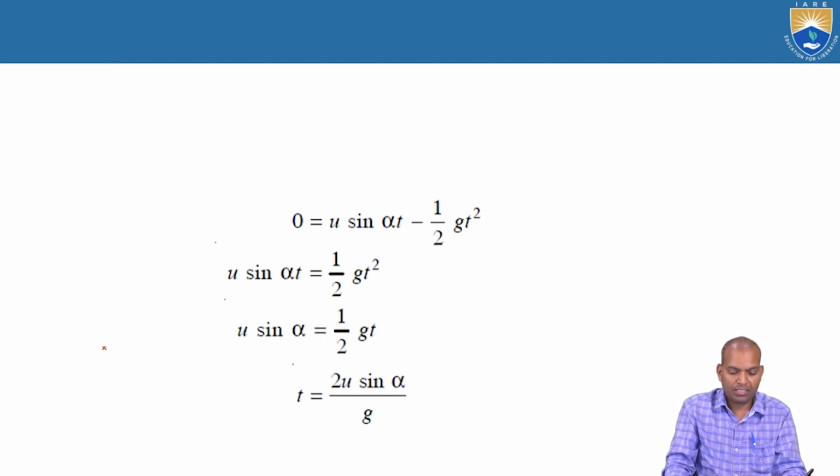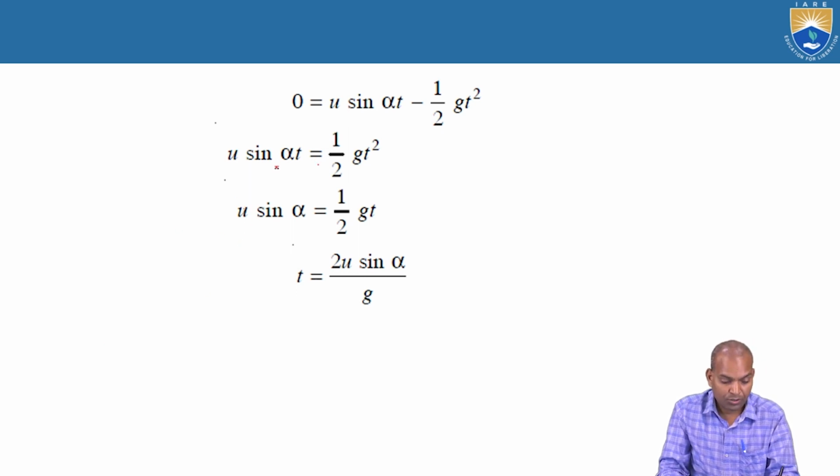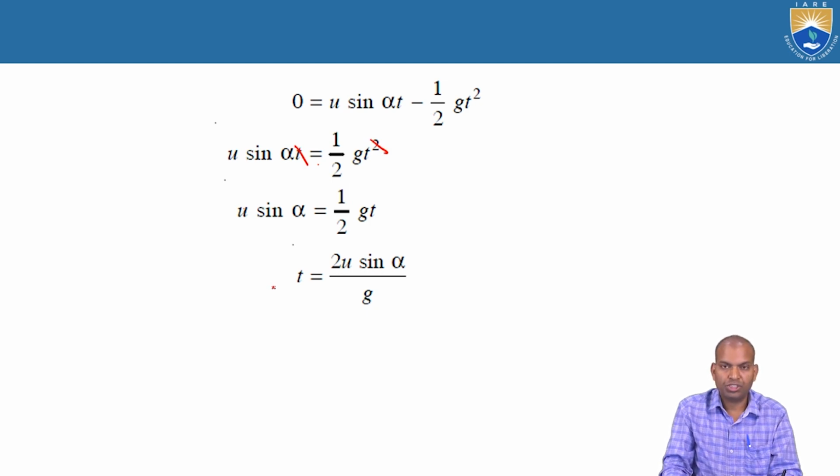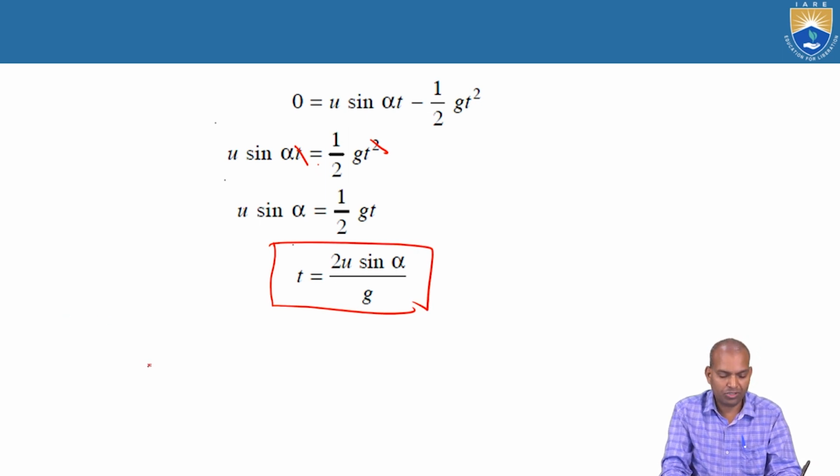How does it come here? u sin alpha, that t gets cancelled. That is g by 2, g t by 2. From that, the time of flight t equal to 2u sin alpha by g.